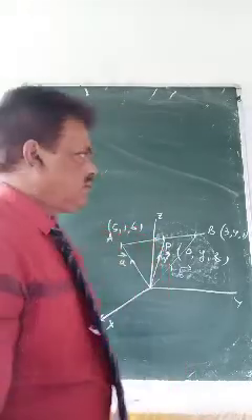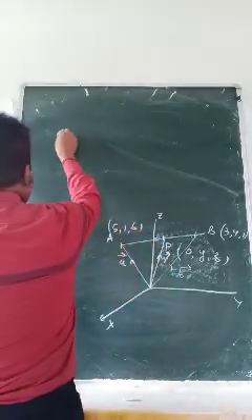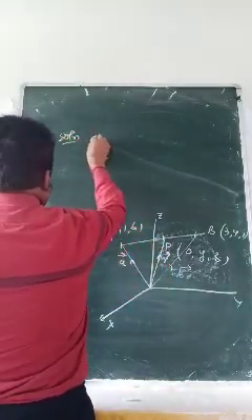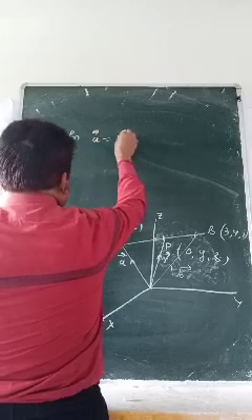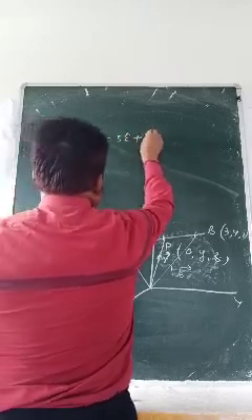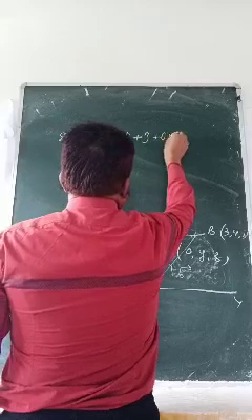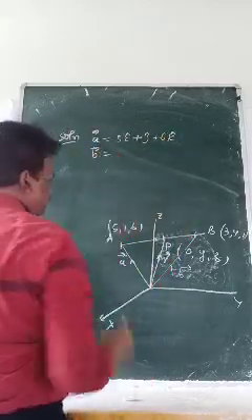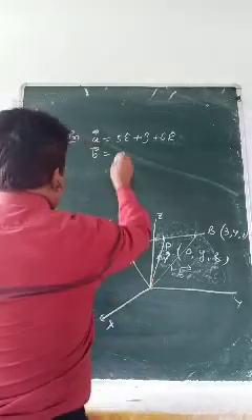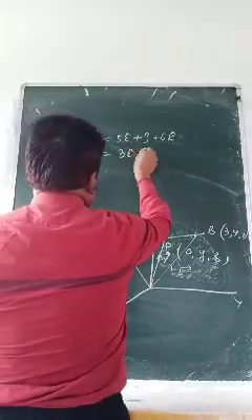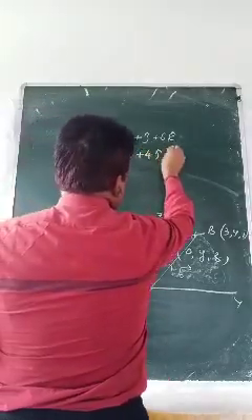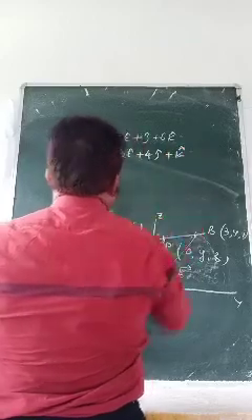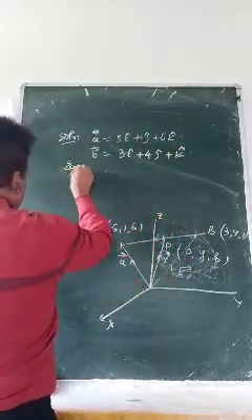Then A vector equals 5i + j + 6k. B vector equals 3i + 4j + k.